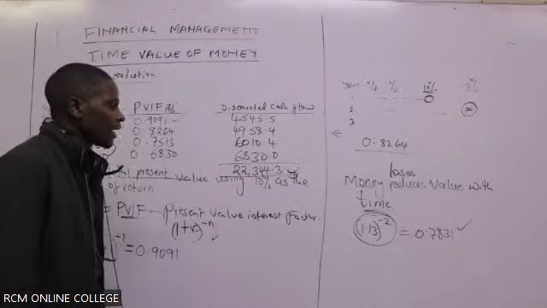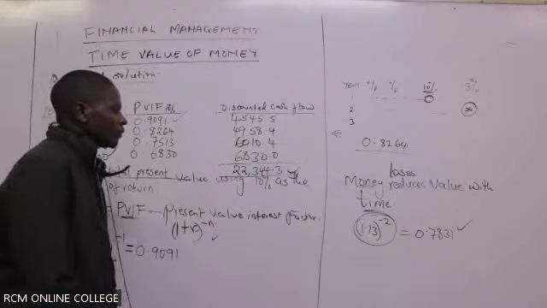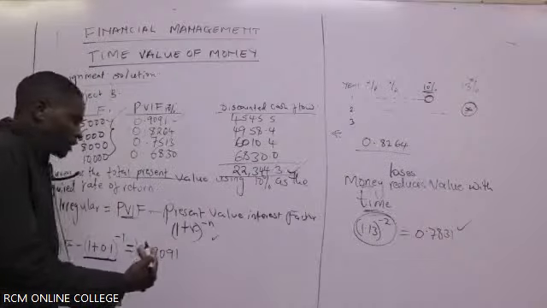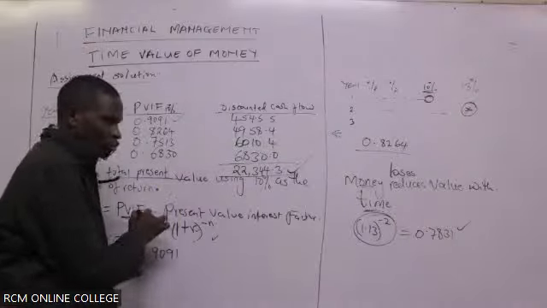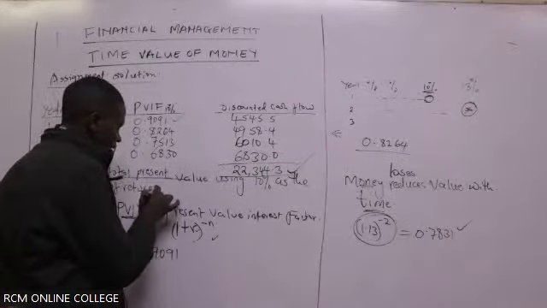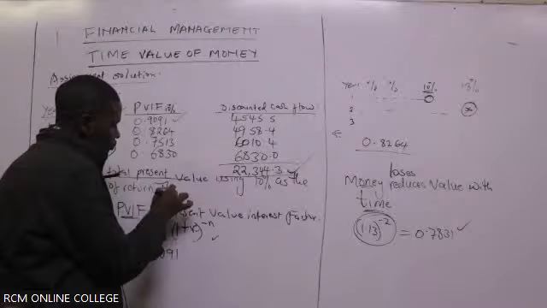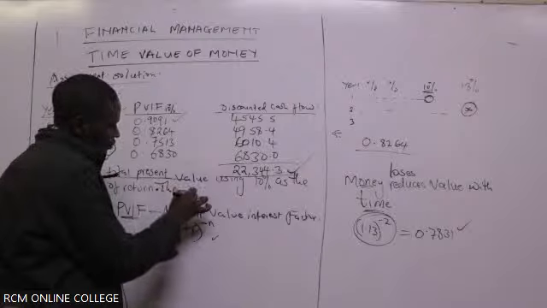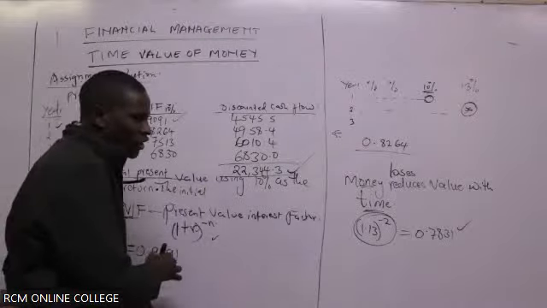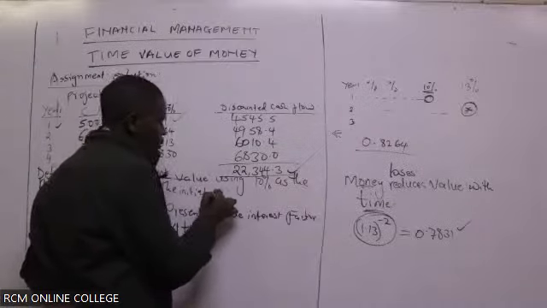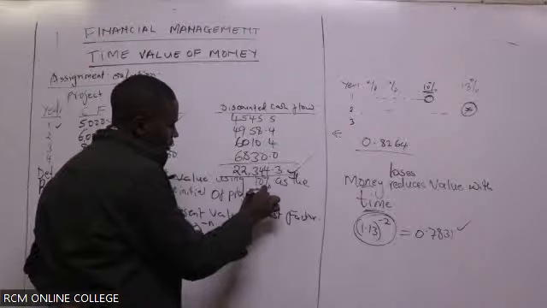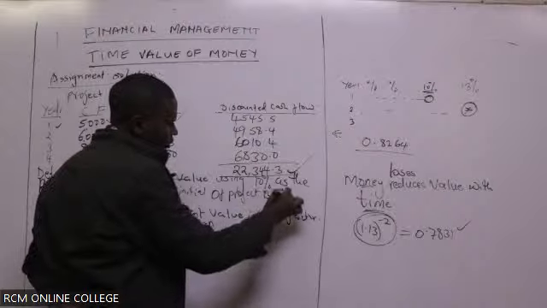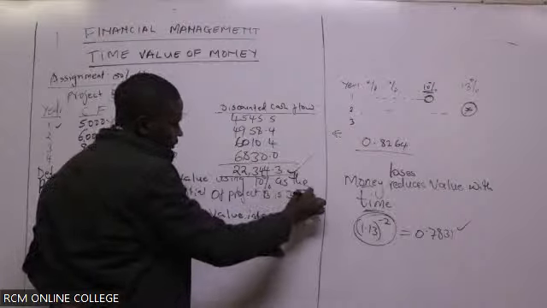Okay, now assume the examiner tells you to add an information here, that the initial outlay of project B is 30,000.